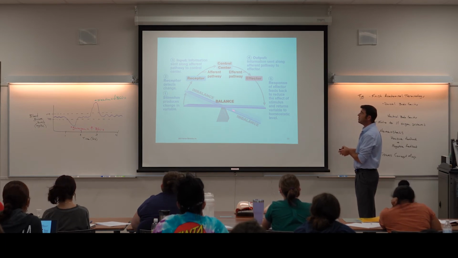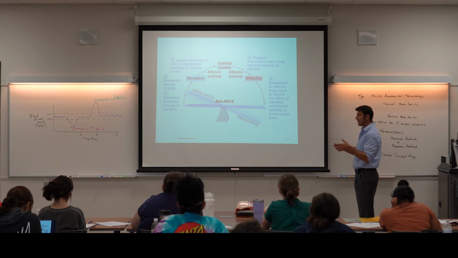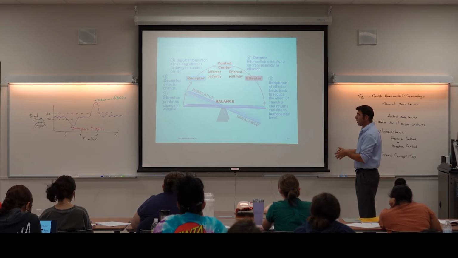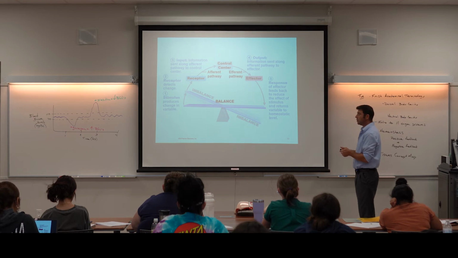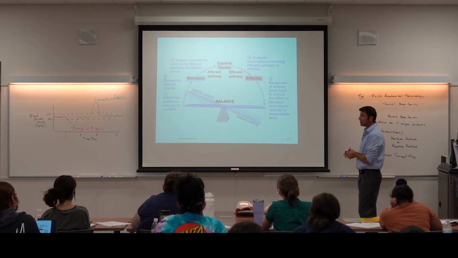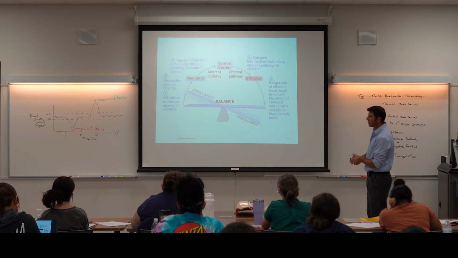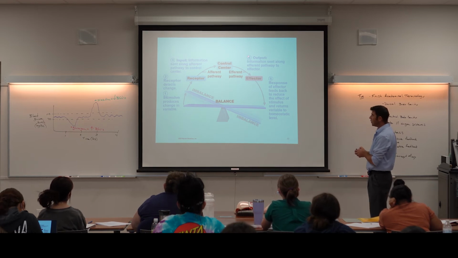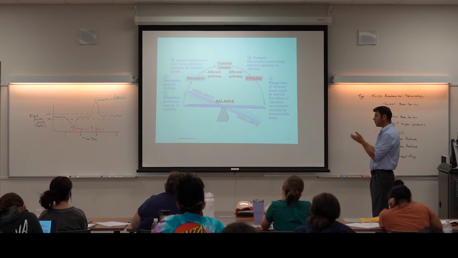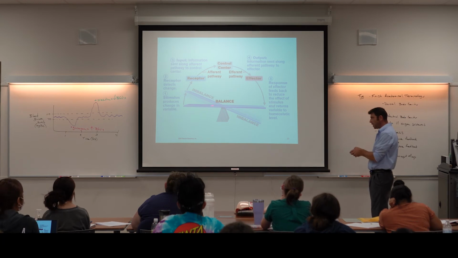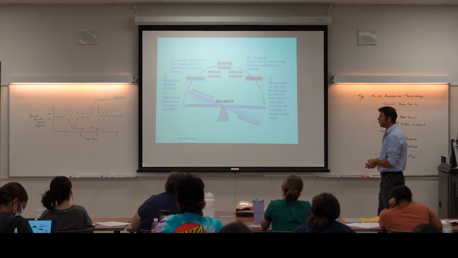There is an increase in glucose in my bloodstream because I had to get the king-size Snickers bar. And receptors in my bloodstream detect that elevated blood glucose level. So the control center in our example are cells in the pancreas that detect that elevated blood glucose level. These we will call beta cells in the pancreas, and they release insulin, which responds by bringing those glucose levels right back down and balancing the system out.